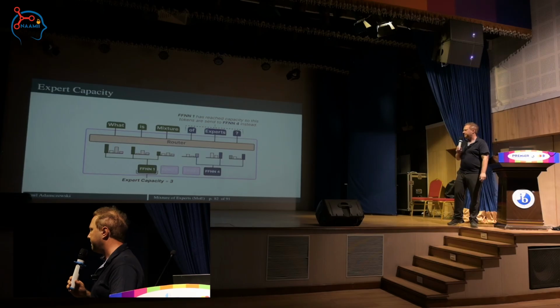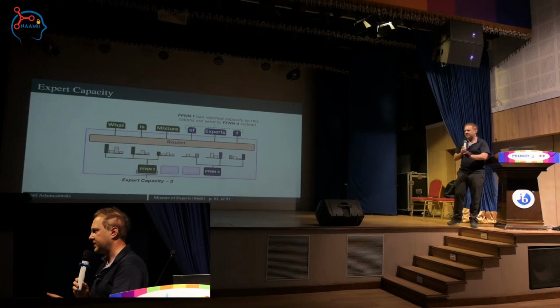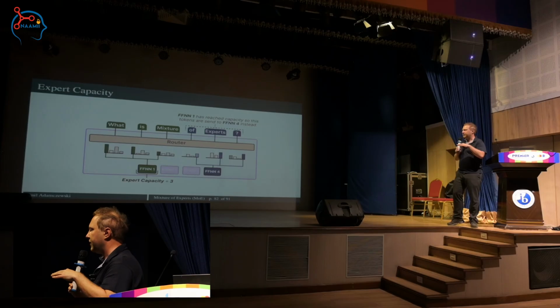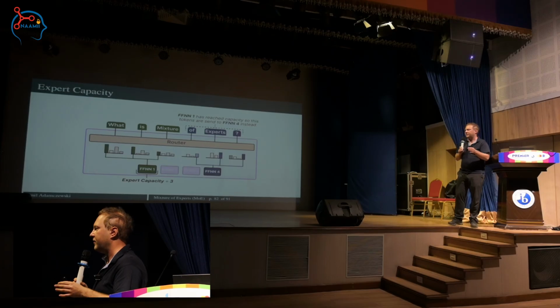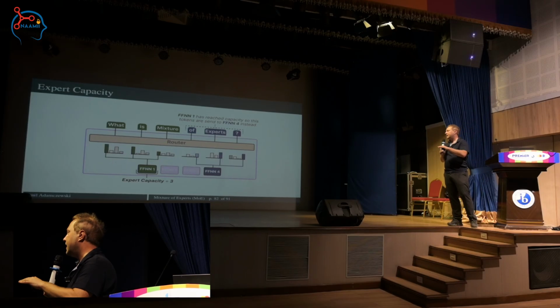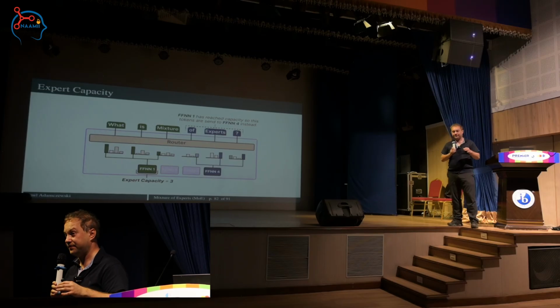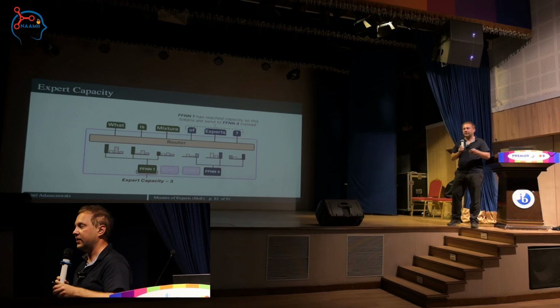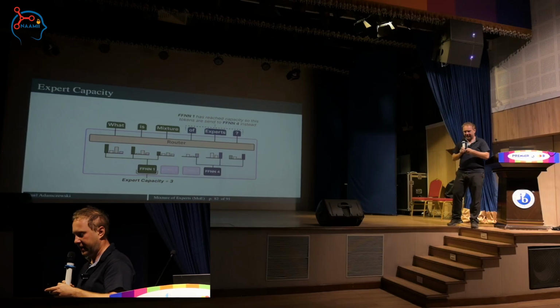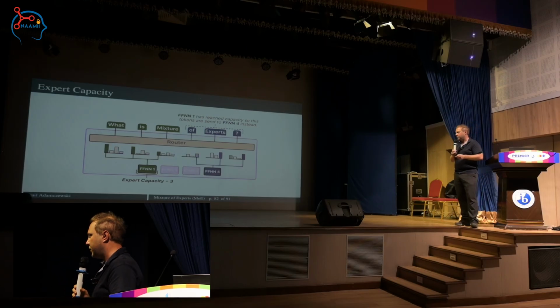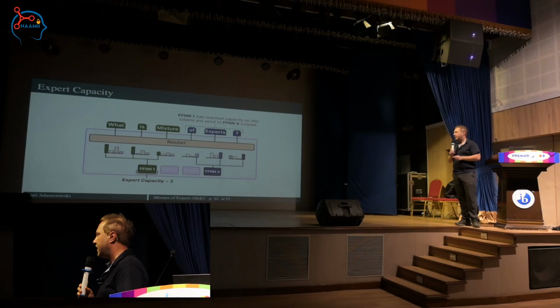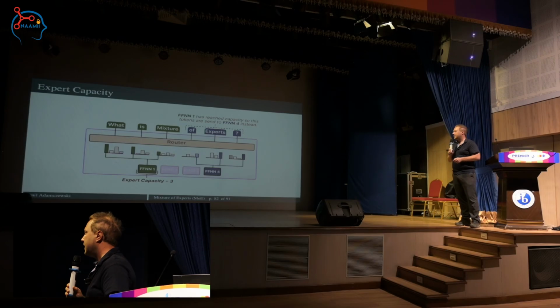expert capacity. There are some issues, as a side note, because it can very often happen that if the capacity is reached for all the experts, then this token is routed to the next layer. It skips the layer. So this can be a disadvantage, and we have to be very careful about how we design this capacity.